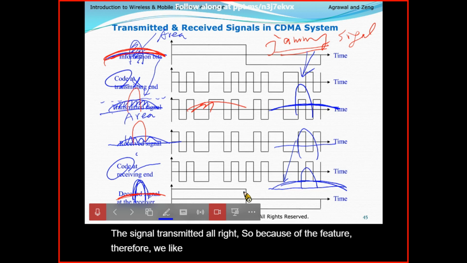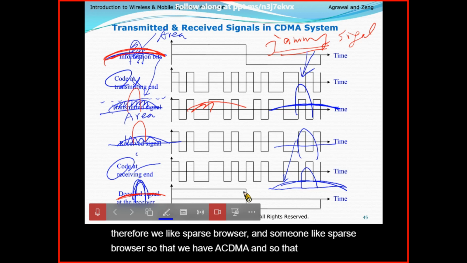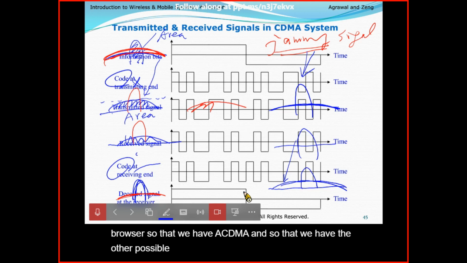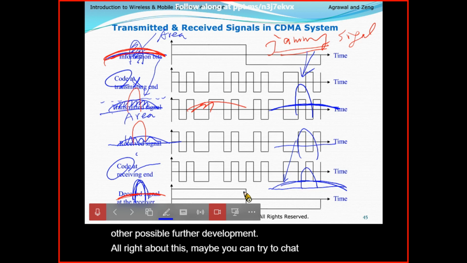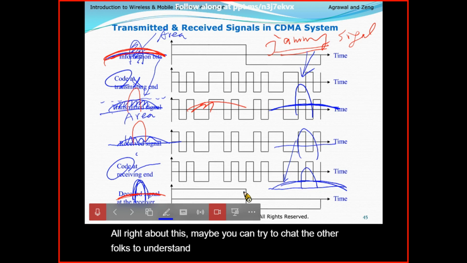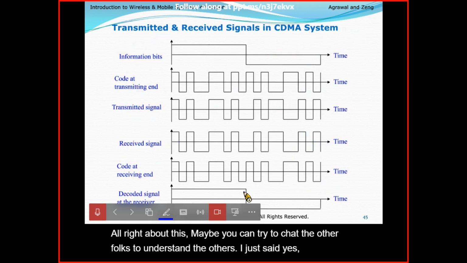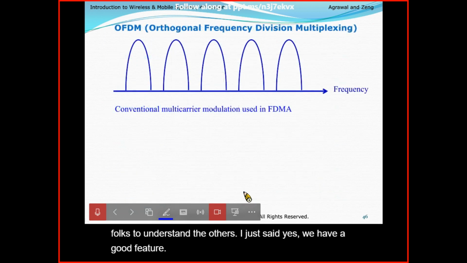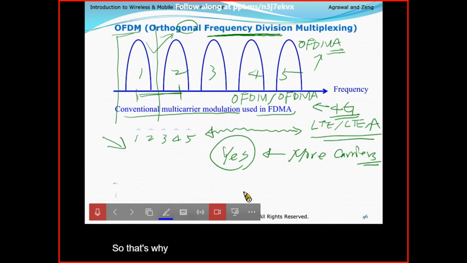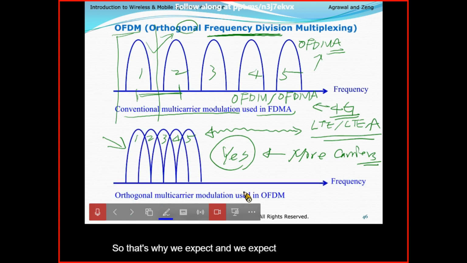So because of the feature, therefore we like spread spectrum. And someone likes spread spectrum so that we have CDMA and the other possible further development. About this, maybe you can check other books to understand the others. I just let you know, yes, we have a good feature. So that's why we expect spread spectrum, and we expect CDMA, and we expect frequency hopping.